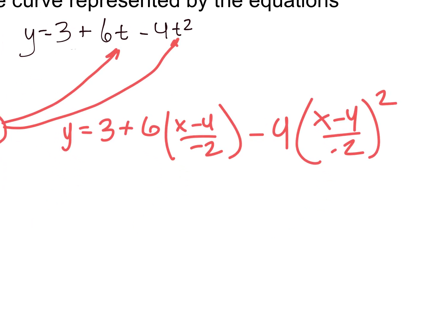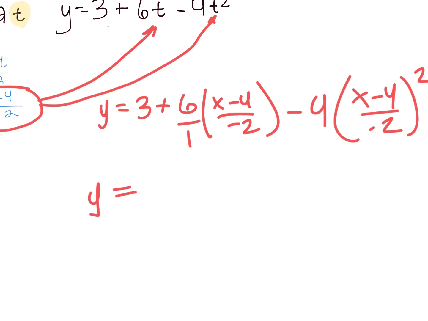Okay? So now we're just going to algebra, guys. Think about this. Let's try to work smarter, not any harder. So y equals 3 plus. If I was going to multiply right here, the 6 times the x minus 4 divided by negative 2, can I simplify anything? I'm multiplying fractions together.